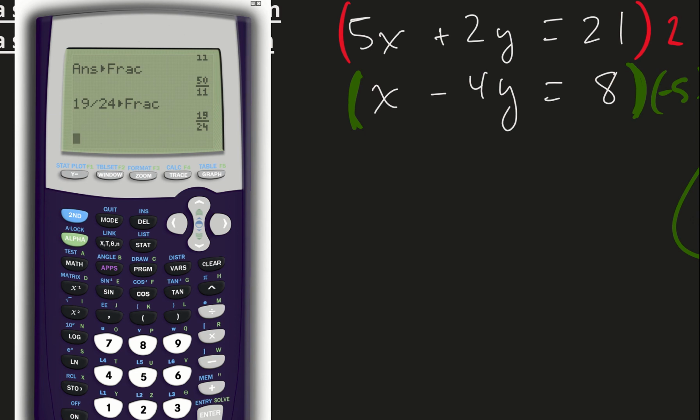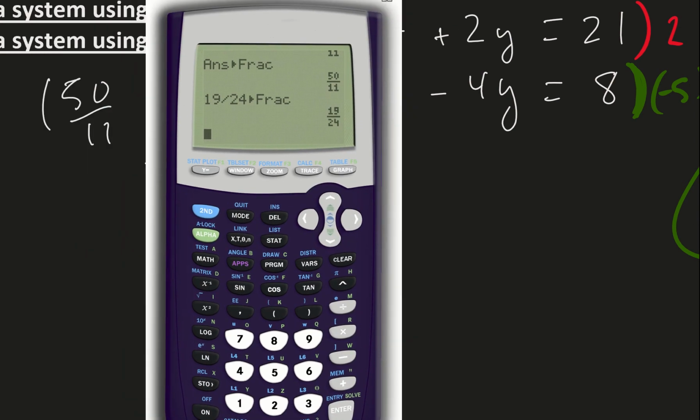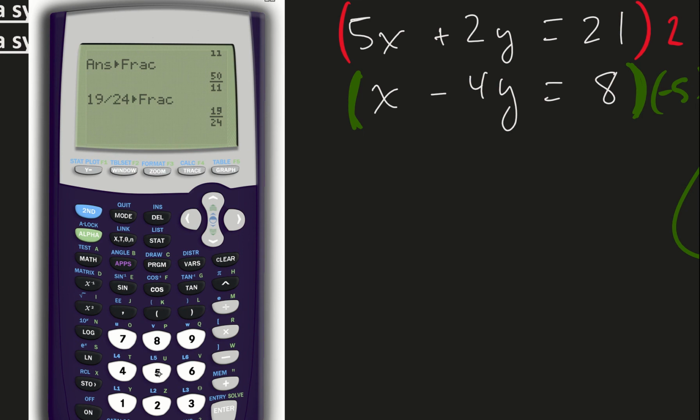So in the first case, 5 of the x's plus 2 of the y's should be 21. So let's take 5 of the x's. So 5 times the x's, there we go, plus 2 of the y's, and that should equal 21. And I've made a mistake. 5x plus 2y is not 21.